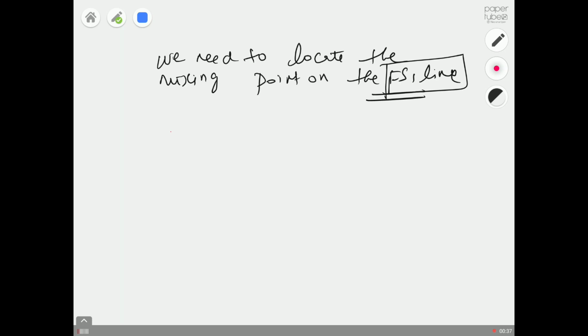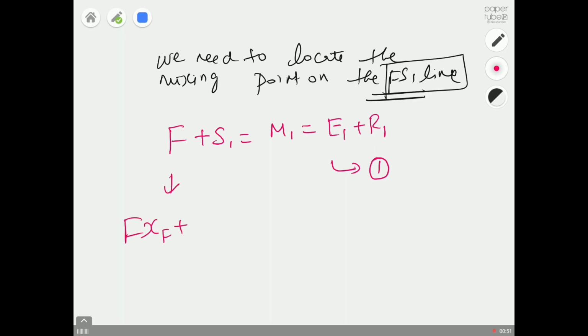I said to you F plus S1 is equal to M1, which is equal to E1 plus R1. So this is our equation 1. And then we also performed a solute balance: F xF plus S1 yS is equal to M1 xM1, which is equal to E1 y1 plus R1 x1, where y1 is the extract side and x1 is the raffinate side.